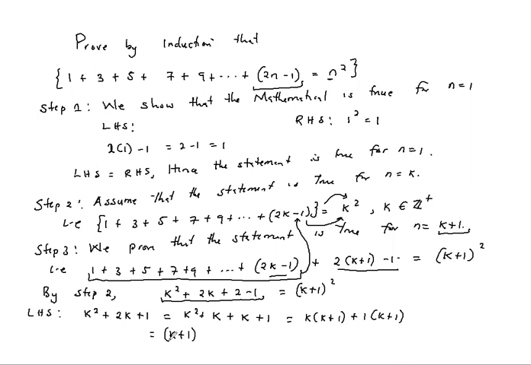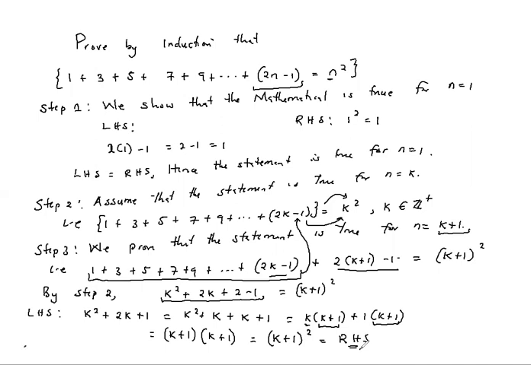So we have the k plus 1 common, and we remain with a k plus 1. So this is just the same as k plus 1 squared, which is the right-hand side.